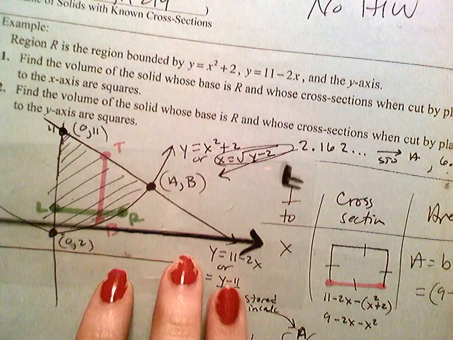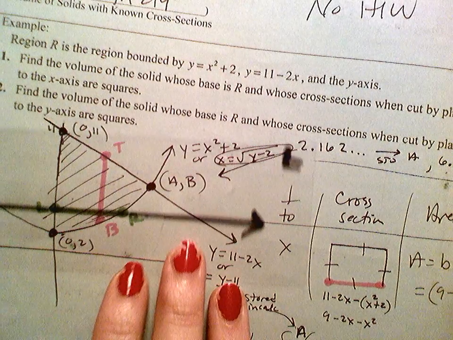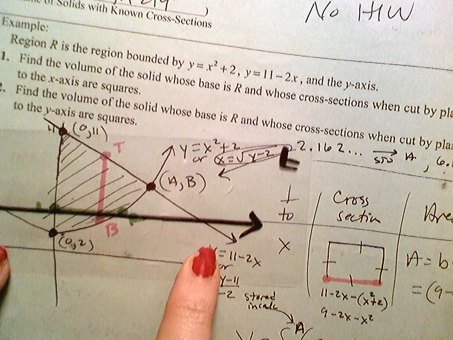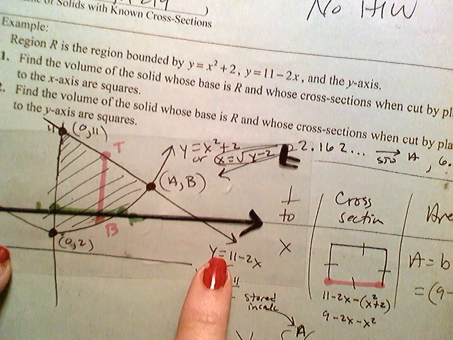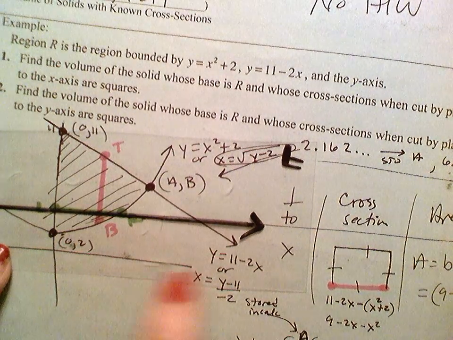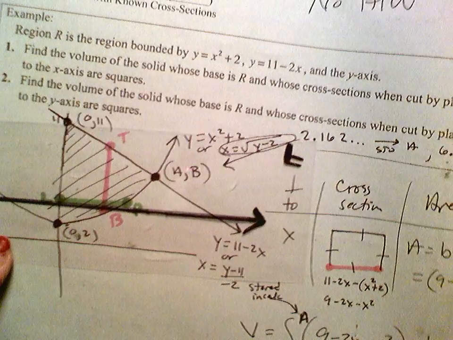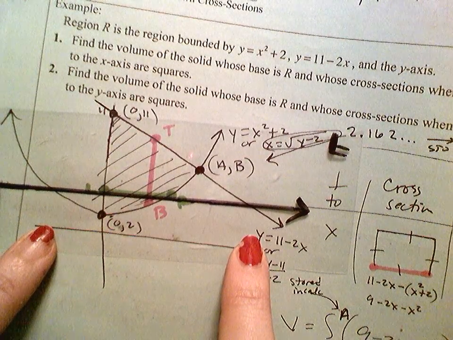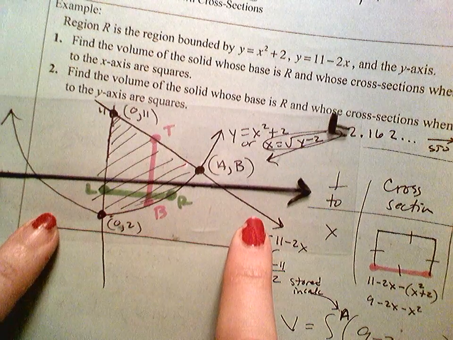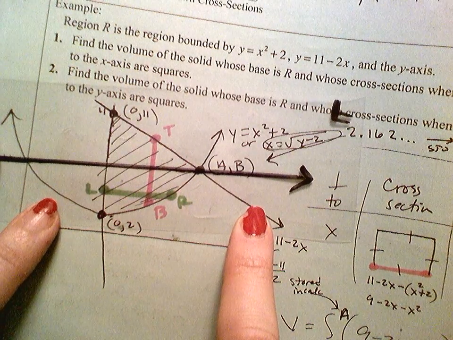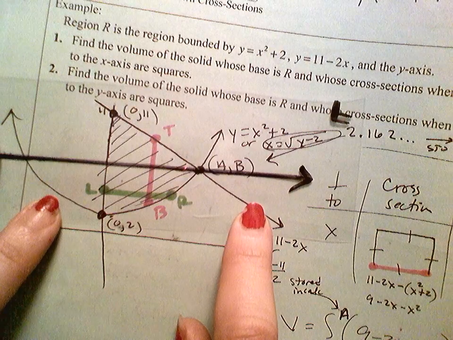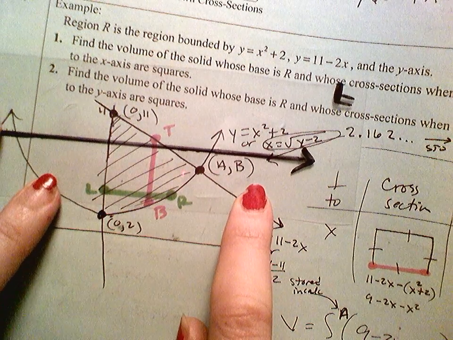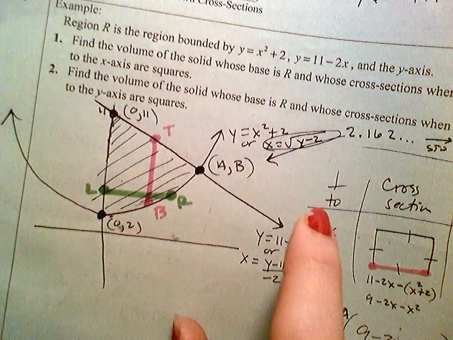Right down here, if I'm low on the region, the right graph is the parabola and the left is the y-axis. So right minus left would be parabola minus 0, because the y-axis is x equals 0. But then up here, when you hit that intersection, it switches to the line minus 0 for right minus left.